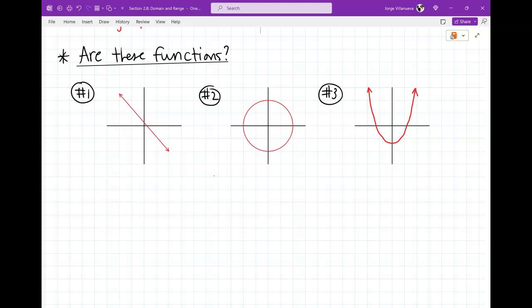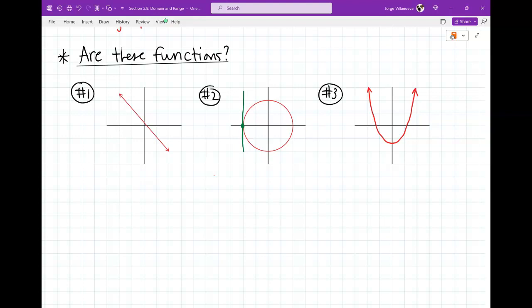Which one of these would not be a function? 1, 2, or 3? Number 2, right? Let me just show you why number 2 is not a function. I'm going to start drawing a vertical line. That one touched right there one time. So far, it is a function, because I drew a vertical line and touched the graph at one point.